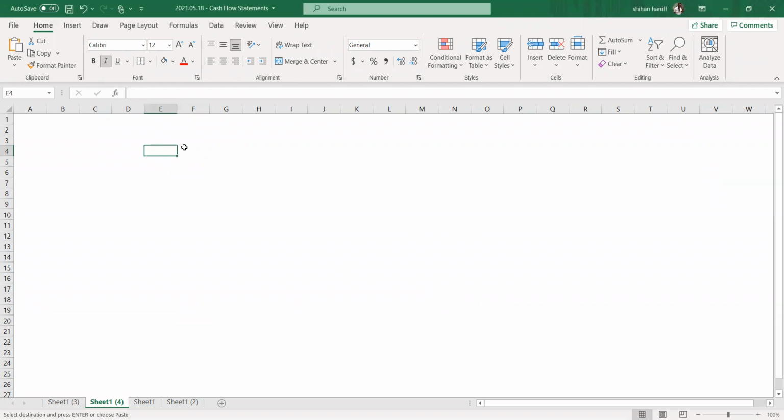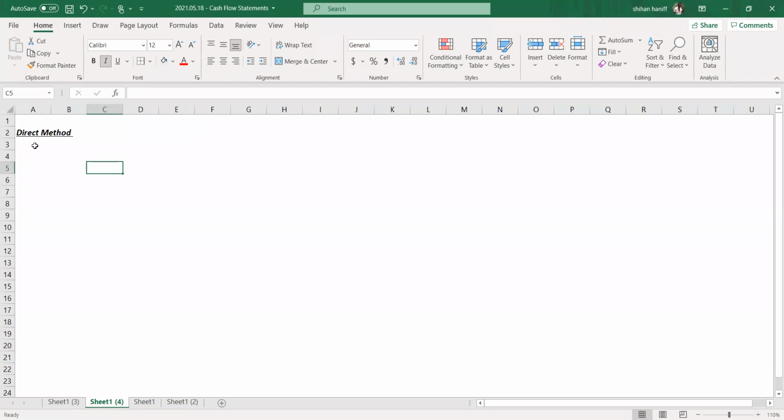So direct method actually, in the direct method, cash flow for operating activities, mainly the difference between direct and indirect is only in the operating activities. So in the direct method, operating activities, the cash flow is directly given. Directly you have to identify. For an example, now I'll show you the direct method.